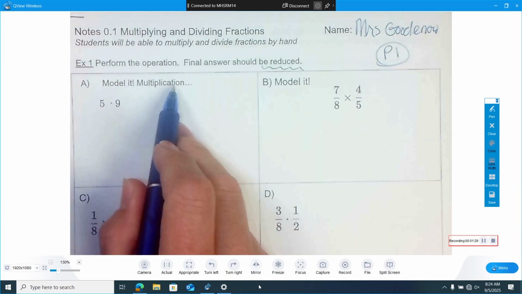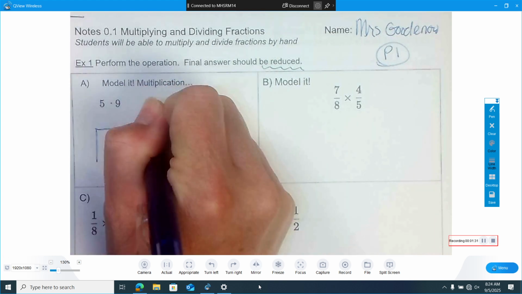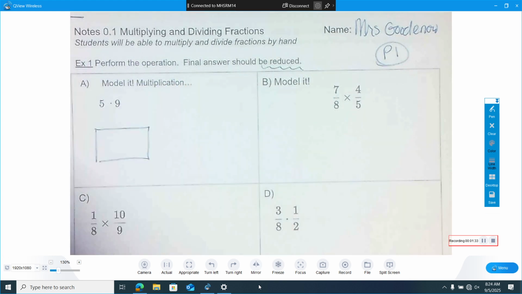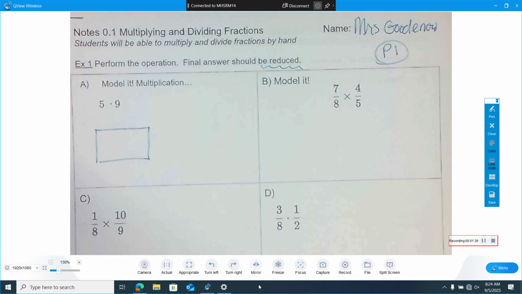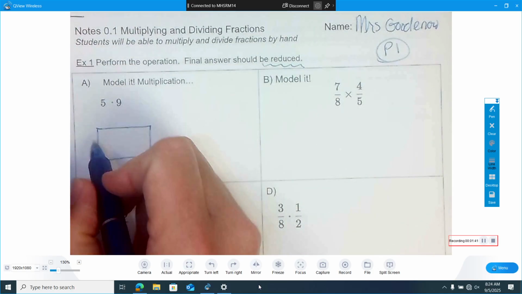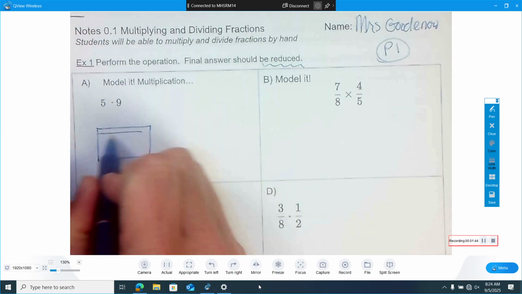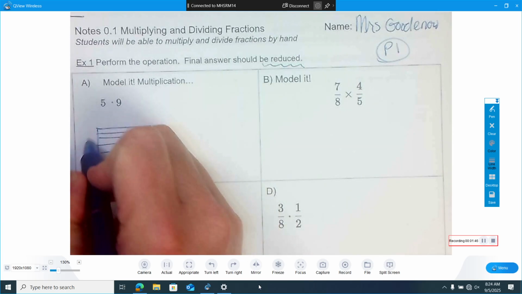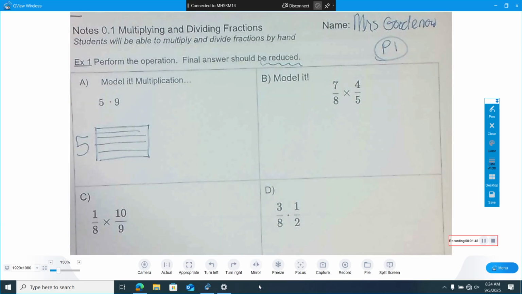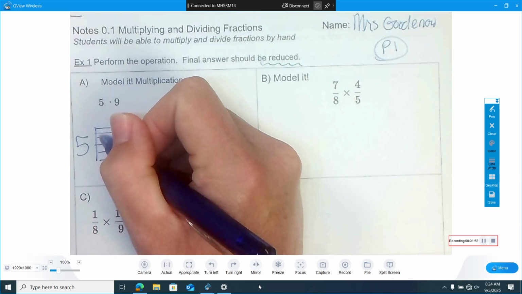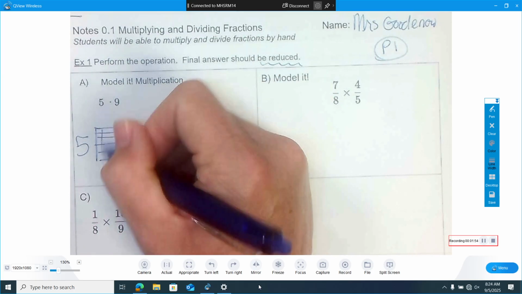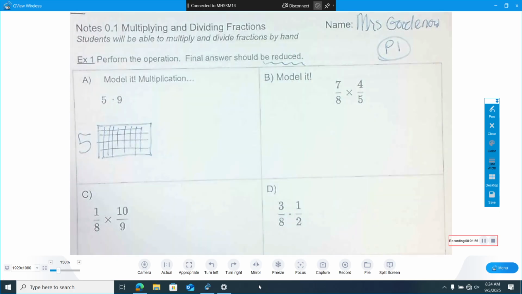Multiplication, I already talked about this a few minutes ago. We learned that multiplication means 5 groups of 9 in each group, or maybe we had 5 rows, 1, 2, 3, 4, 5 rows with 9 objects in each row, or 9 units in each row, whatever it is. I'm just going to pretend. You get the idea, right?